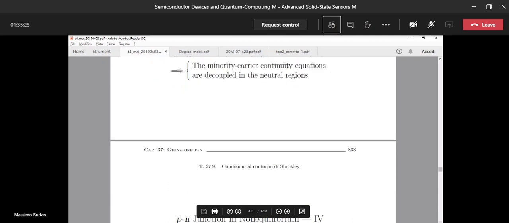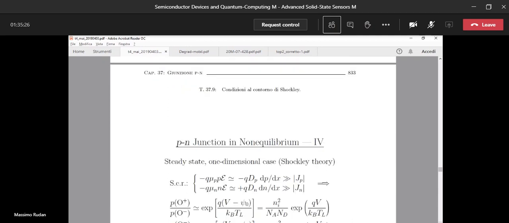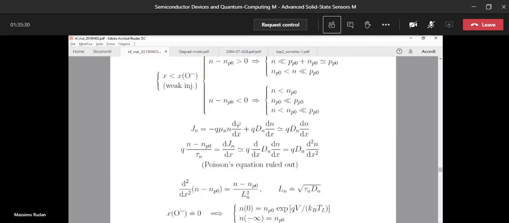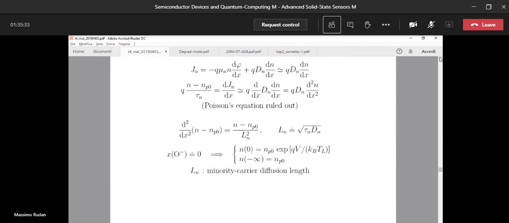And you remember the transport equation for the electrons is of the drift diffusion type. So you find it here on the top line of this page in one dimension. So it used to be q mu n times the electric field, but the electric field, you remember, is minus the gradient of the electric potential, and the gradient in one dimension is the derivative with respect to x.